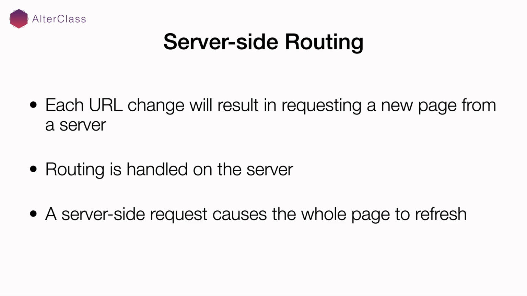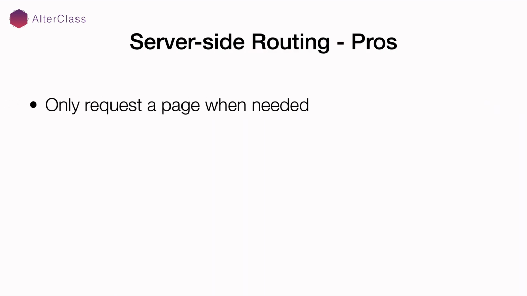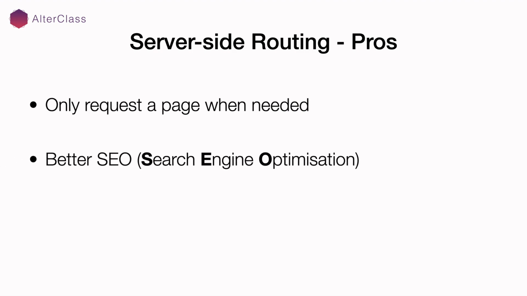Therefore, a server-side request causes the whole page to refresh because a new GET request is sent to the server, which replies with a new document, completely discarding the old page altogether. This has several advantages, such as only requesting a page when needed. Plus, it generally has better SEO, because the compiled HTML returned by the server is easily crawlable by search engines.